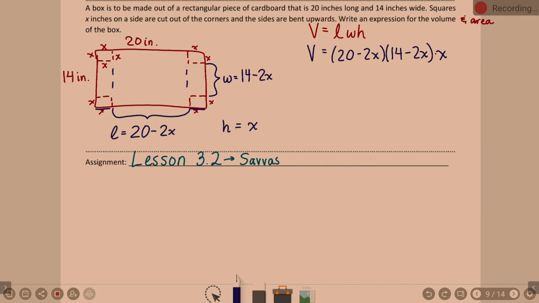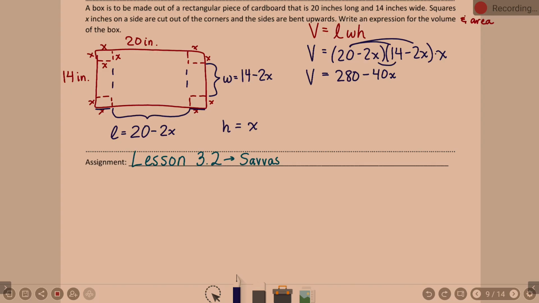What's your best option with multiplying this? Similar to earlier, we had 3 things to multiply, yes? So multiply the first 2 together, so multiply our parentheses, and then at the end we can multiply the x in. So let's FOIL. 20 times 14 is 280. 20 times minus 2x, minus 40x.